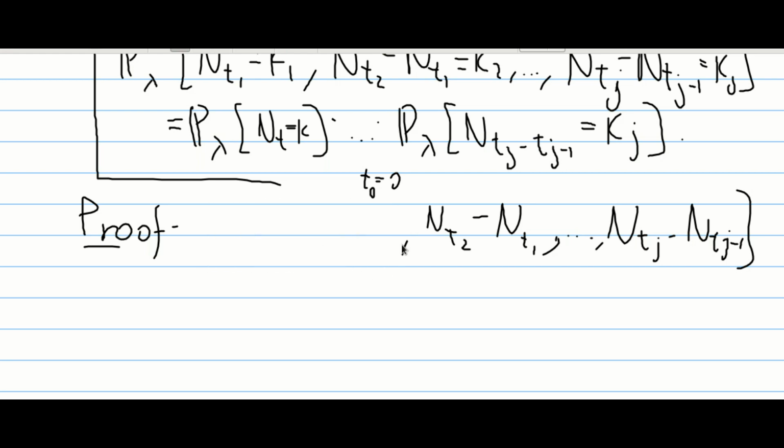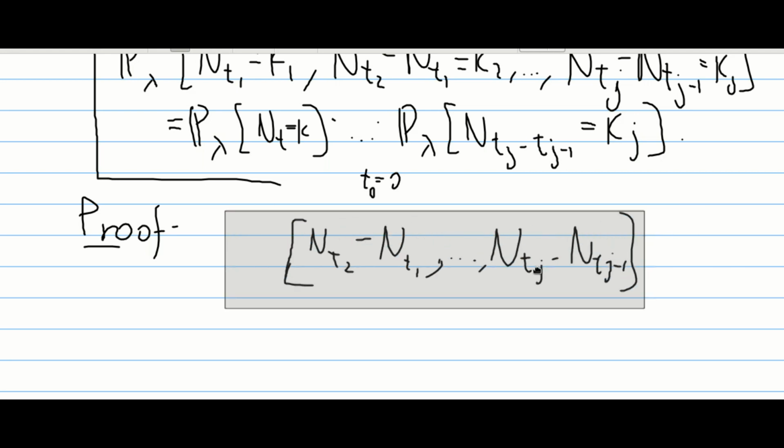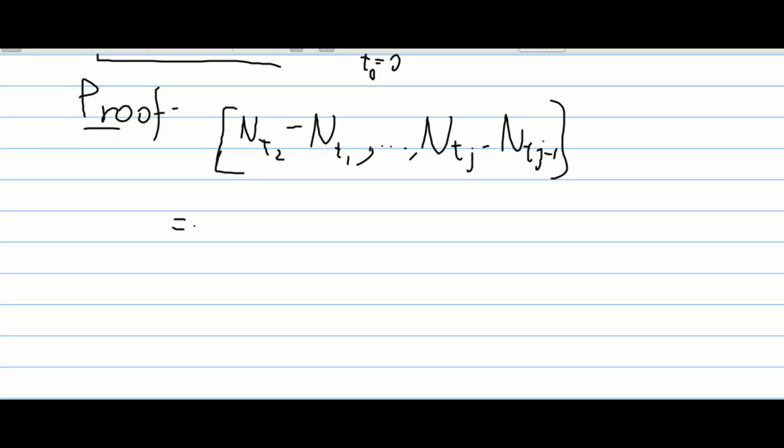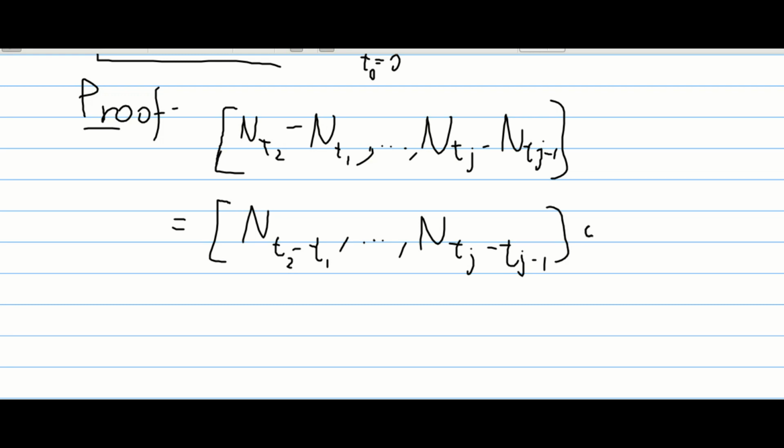So here I want starting from nt2. Let me shift this here. This event is exactly nt2 minus t1 here, and you see that we are removing the extra n, and tj minus tj minus 1 as long as we compose it with theta t1.